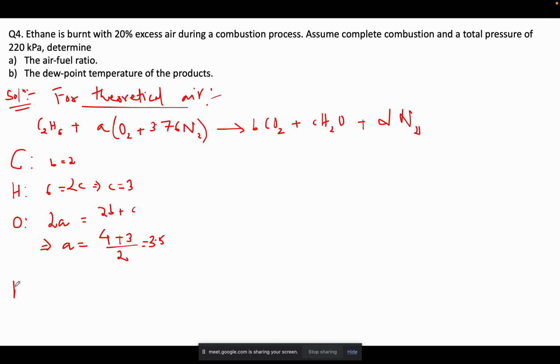And then the balance for nitrogen gives you A into 3.76 equals D. So this implies D is 3.5 into 3.76, that is 13.16.